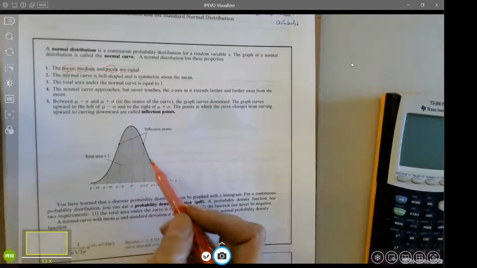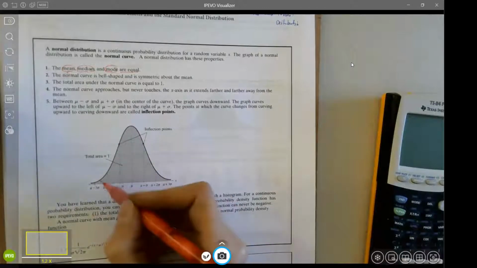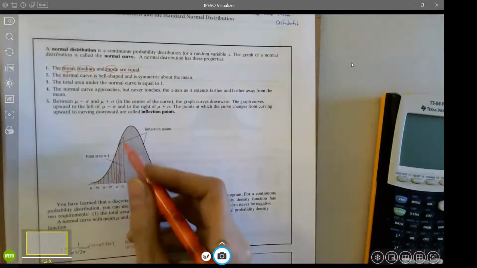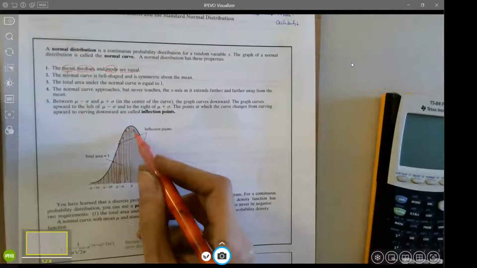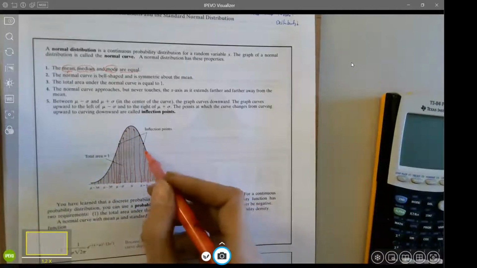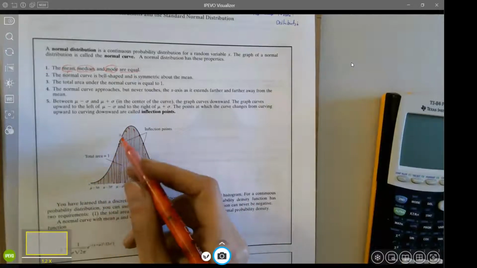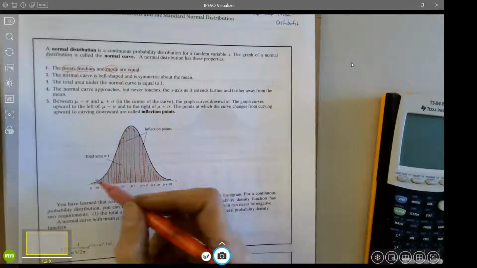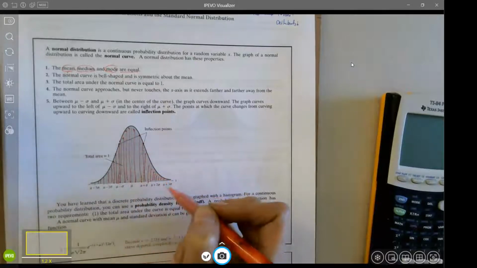Bell-shaped graph. These are just your bars, which show the frequency of your collection. And when we look at the behavior of the distribution, it's a bell-shaped graph.